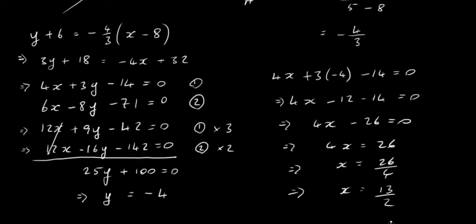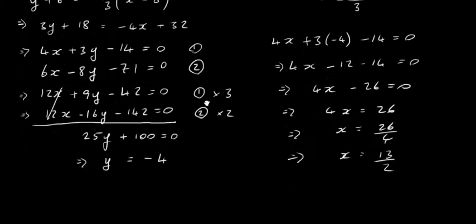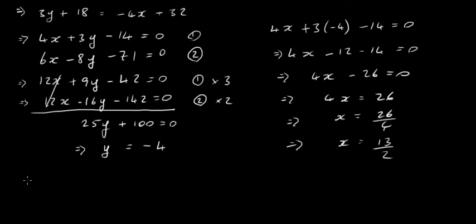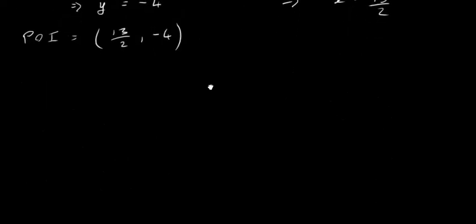Okay, so we have our point of intersection. So our point of intersection is, let's see, 13 over 2 and minus 4 here. Okay, so we have the point of intersection of our two lines.